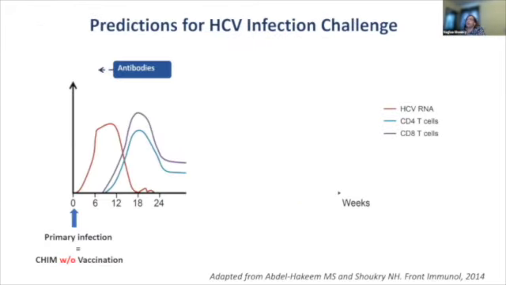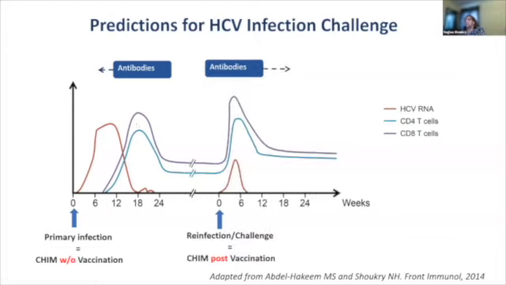So what we would predict is that in the first group, CHIM without vaccination, this will resemble primary infection, with high levels of viral replication. The immune response will be delayed, induced maybe around 6 to 8 weeks. Similarly, antibodies would arise around that time. So this is a relatively long time frame.